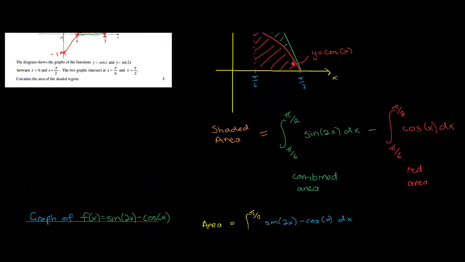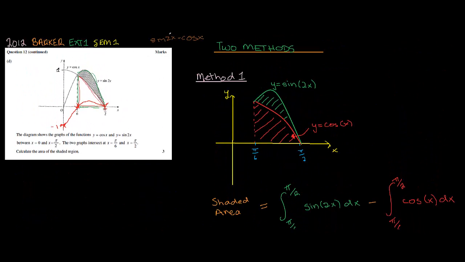Just to give you a bit more of an understanding of how this graph works: say this point here, we'll call it 2, and say that this height here, the difference between sine of 2x and cos of x, this blue bar here, is a half.